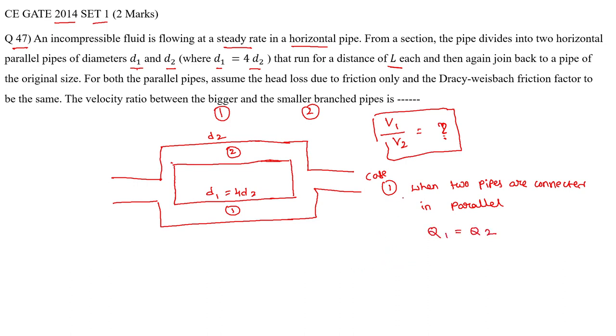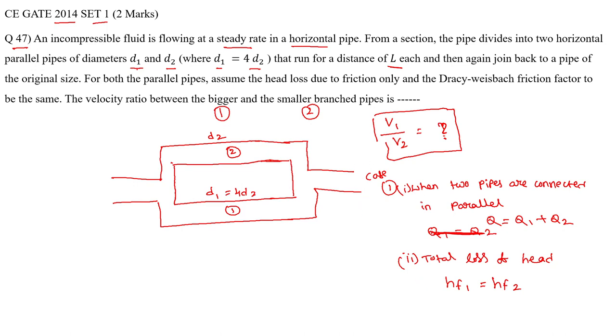And the second point is that the total discharge is equal to Q1 plus Q2, and the total loss of head HF1 is equal to HF2. These are the two conditions we use when the two pipes are connected in parallel.